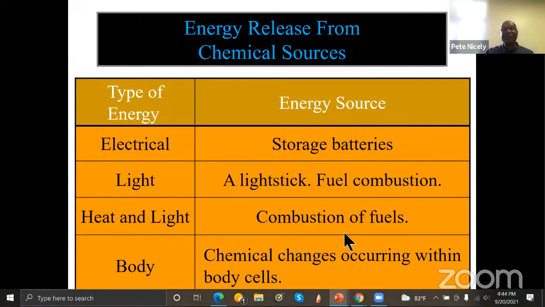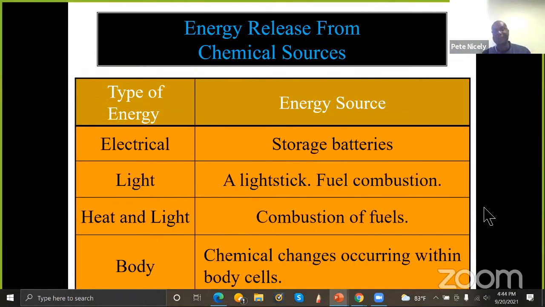So this is what I was talking about. This table gives you some examples of different situations and devices where energy is produced as a result of chemical reactions. I talked about storage batteries. I talked about a light stick, which uses a series of chemical reactions to produce light. I talked about the burning of fuels, propane, gasoline, whatever, that produces heat and light as a result of combustion.